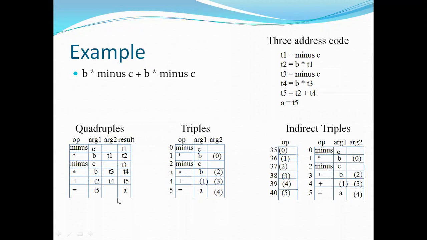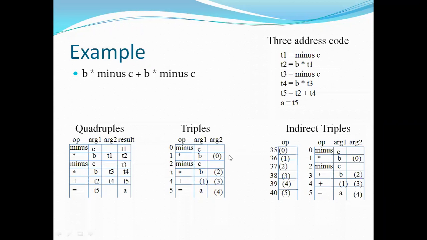So how are we representing the triple table? Here we have only 3 fields. A triple is a structure with at most 3 fields. What are those 3 fields? Operator, argument 1 and argument 2. We are not taking the result field here.